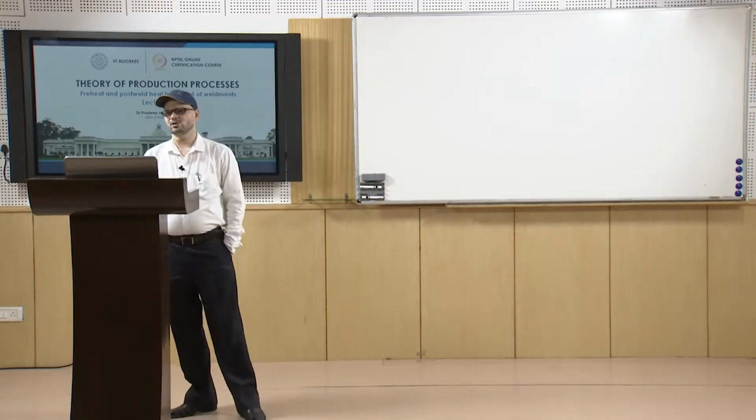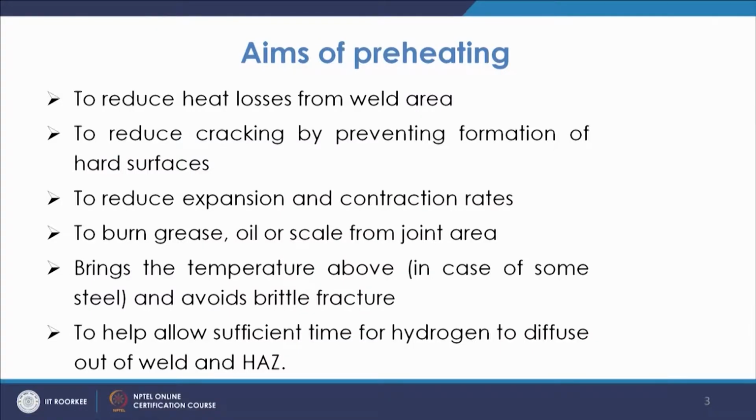Now, what are the aims of preheating? As we discussed, the aim of preheating is to reduce the heat loss from the weld area, to reduce cracking by preventing the formation of hard faces like martensite, and to reduce the expansion and contraction rates. In many cases, if the coefficient of linear expansion is larger, the chances of deformation are more, and the stresses generated may lead to deformation.